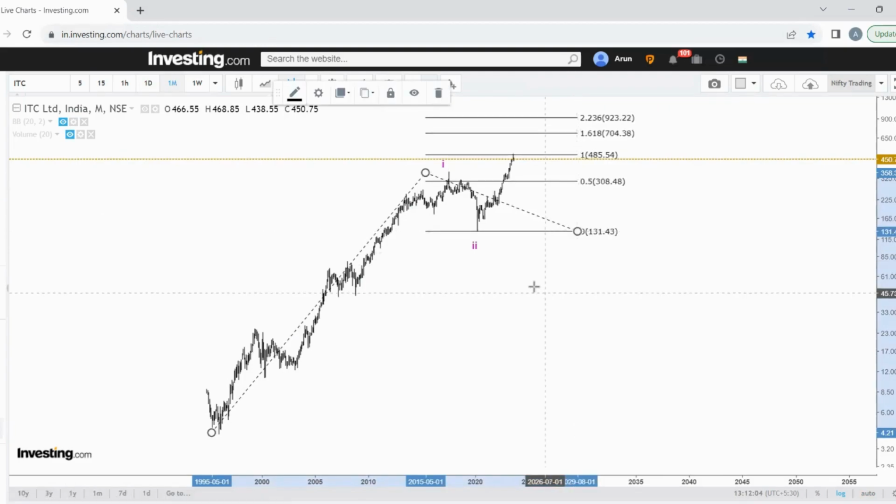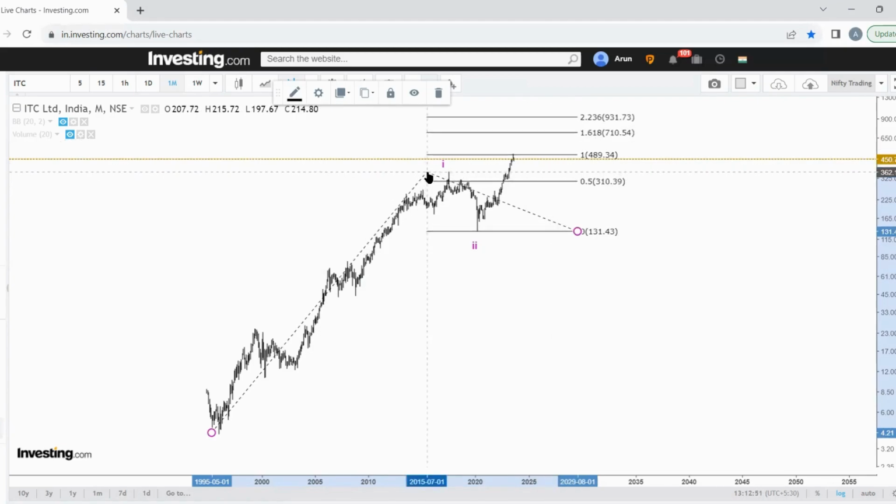That is why the price is halting there. So probably one more touch for completion of wave 3, as we just saw, or wave 3 is already completed and a dip, and we have one more bigger leg up to complete.